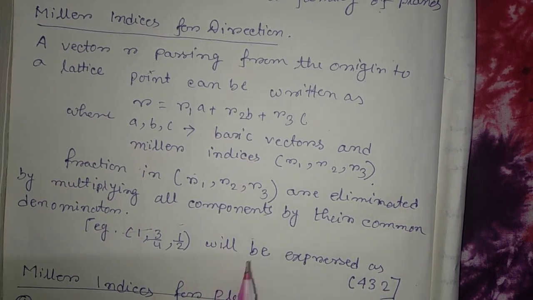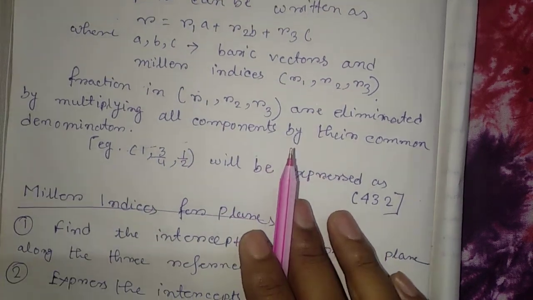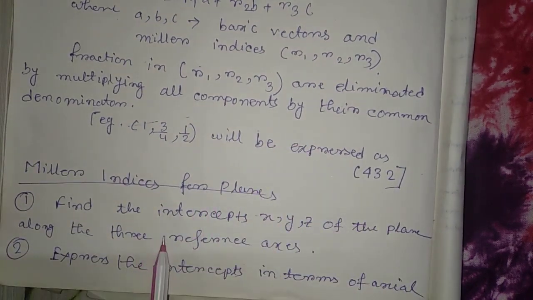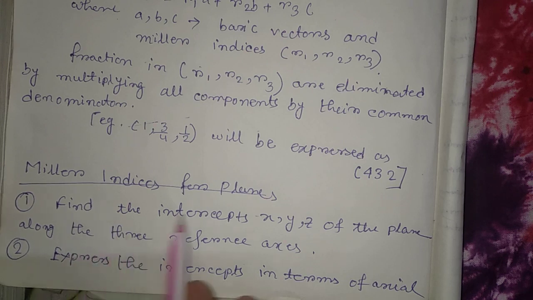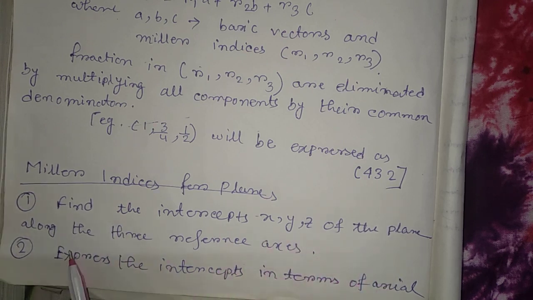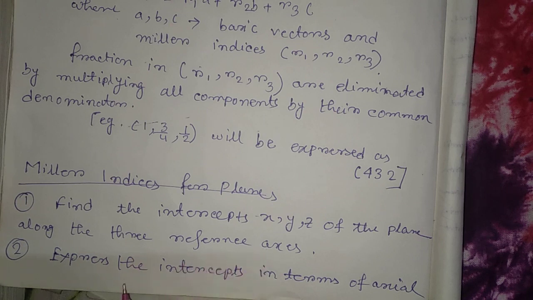Similarly for planes, what is the procedure to represent the Miller indices of a particular plane? First, you have to find the intercepts of the plane along the x, y, z reference axes.